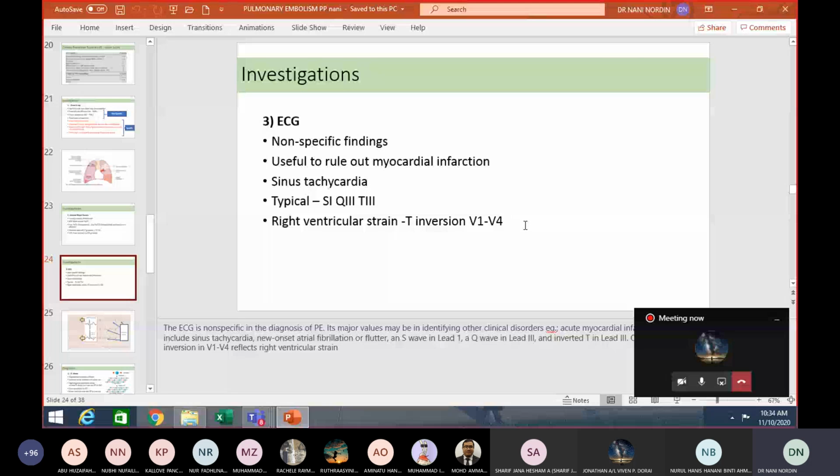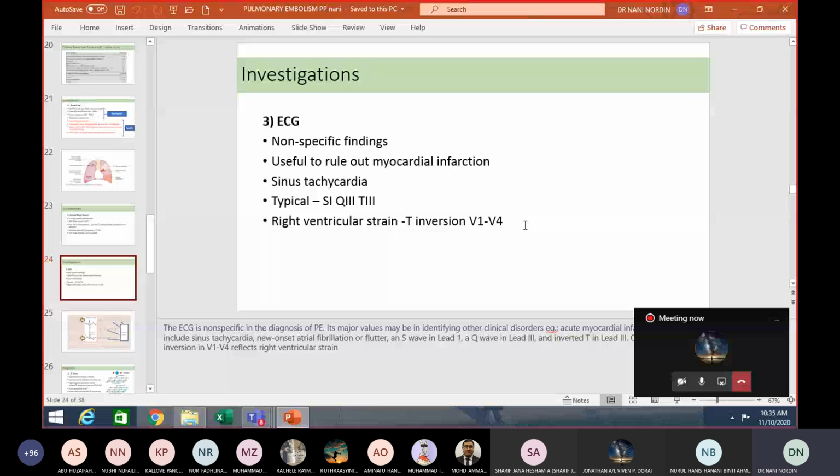It is actually more useful to rule out MI than anything. In pulmonary embolism, usually your ECG is normal or non-specific, but there are specific findings should there be any changes.